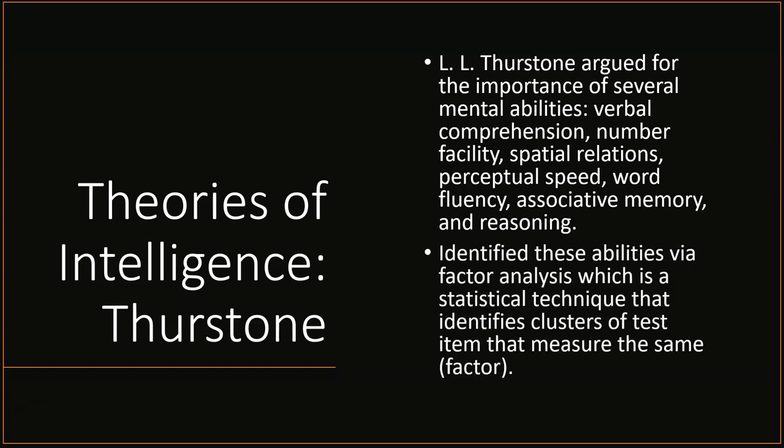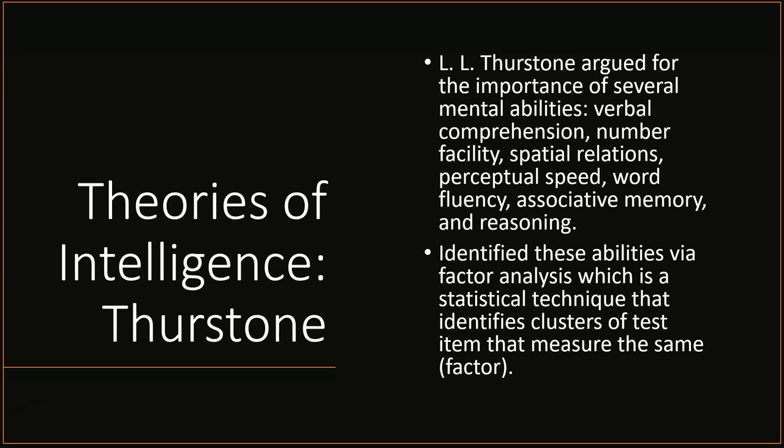Thurstone, like many of the people working in this space, was really into the math of it. He was a psychometrician, and he used factor analysis, which is a statistical approach that classifies items together that tend to be highly intercorrelated and then labels them as a factor.